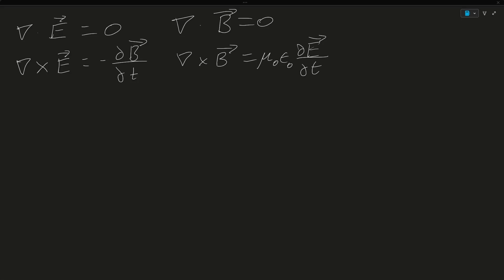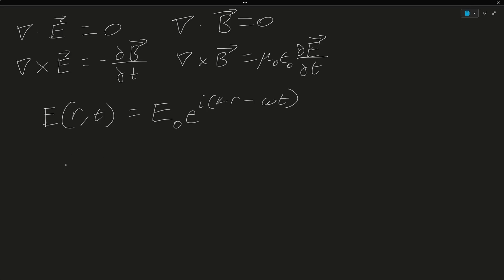we know at this point it's a wave, so I'm going to assume a plane wave solution. So we can say E of r, t is equal to E0 e to the i times (k dot r minus omega t).